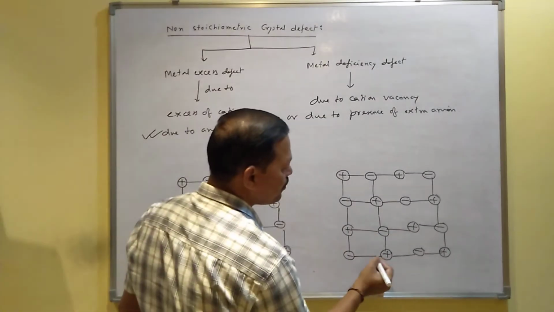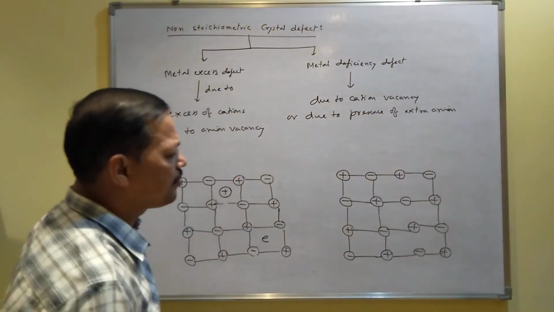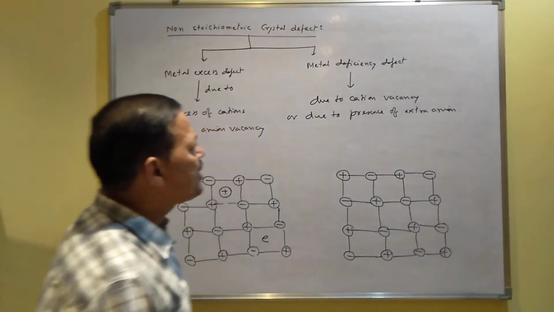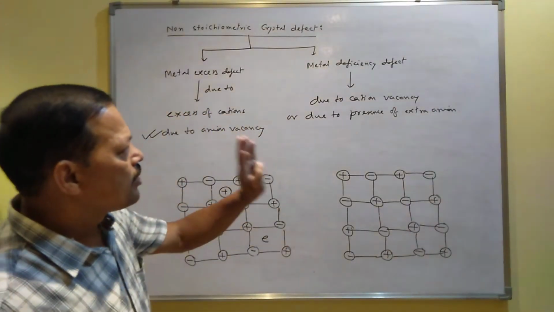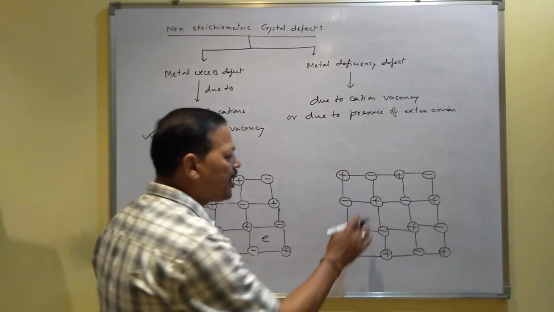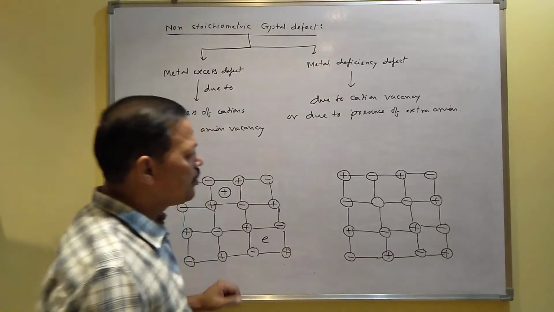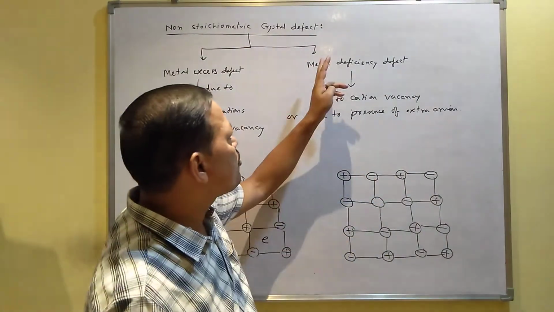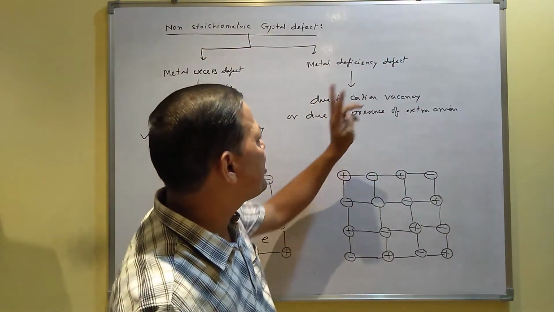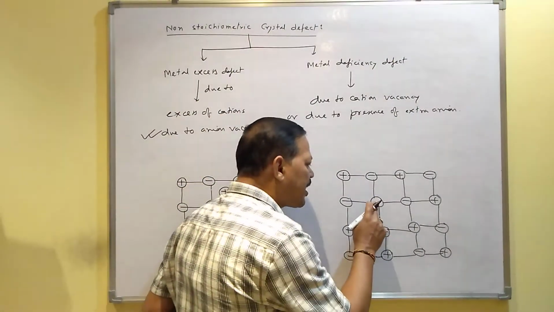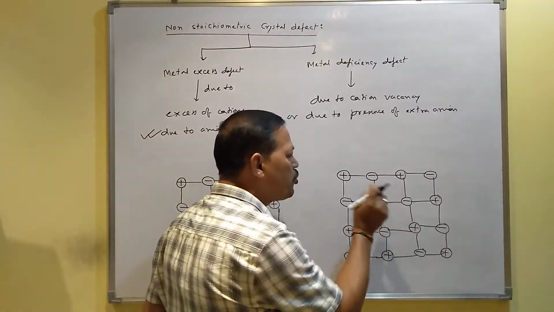Now, in this crystal, suppose one cation is vacant from a position. Suppose this cation is vacant. This is called metal deficiency defect due to cation vacancy. Now, when this cation is missing from its position, it produces one hole.